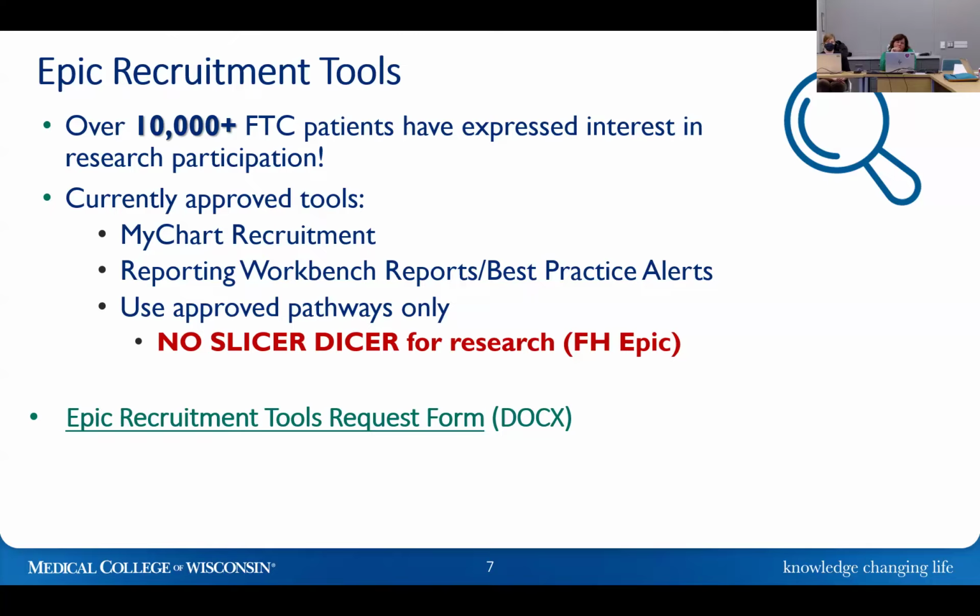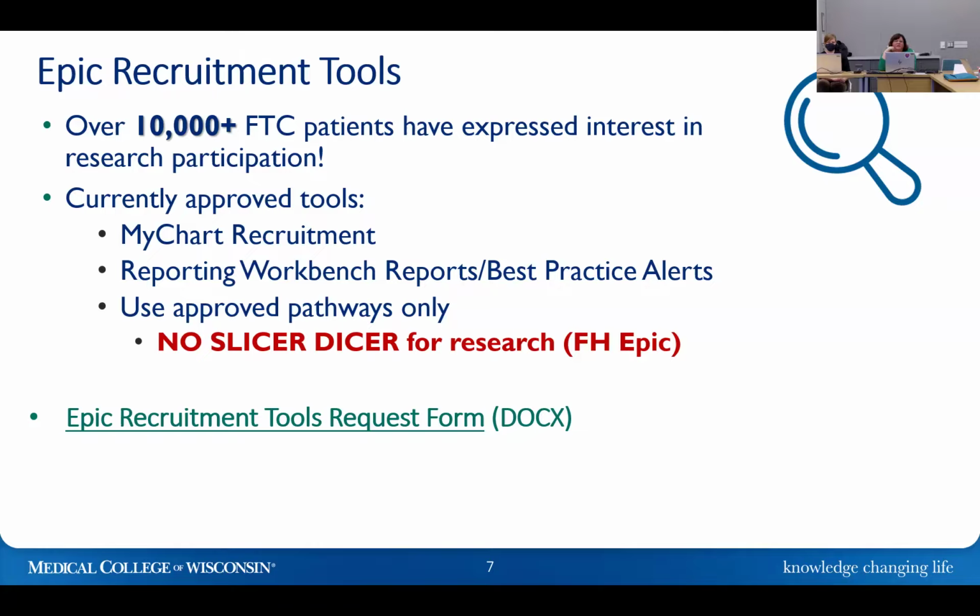For those who aren't familiar with reporting workbench reports, those can also be created to identify potential participants. Again, these are with IRB approval, so there is a form to complete. I have the link there. The link is also available on the MCW HRPP website. But that form, you can spell out exactly what details or items you need in your reporting workbench report.